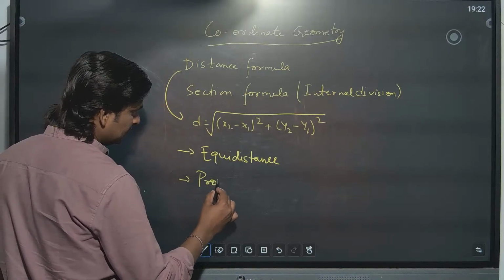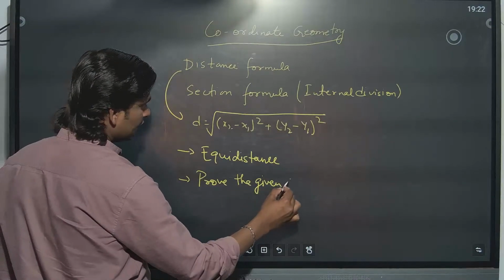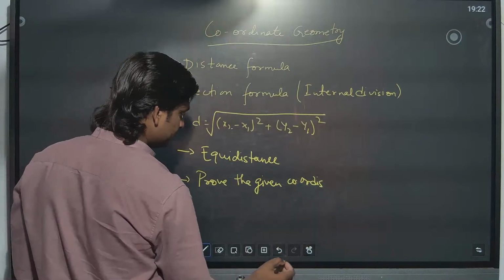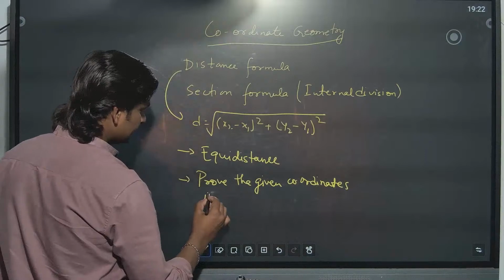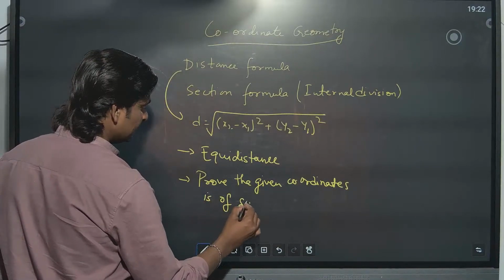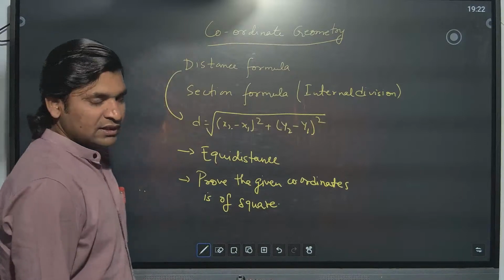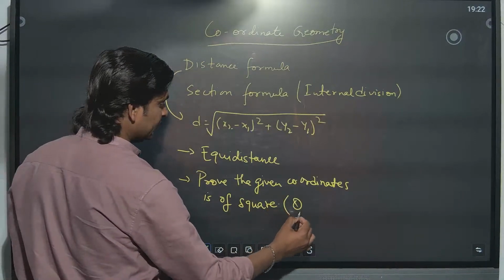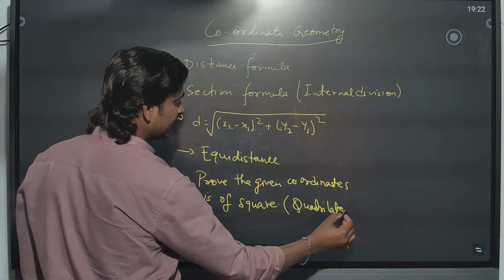Another question you should remember: prove the given coordinates are of a square, or any quadrilateral. They can say any quadrilateral, or they will say find out which quadrilateral.